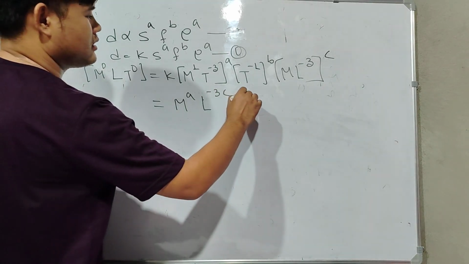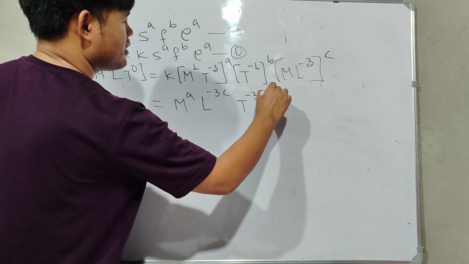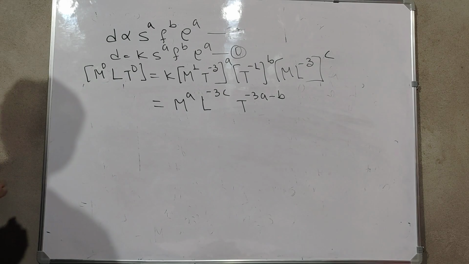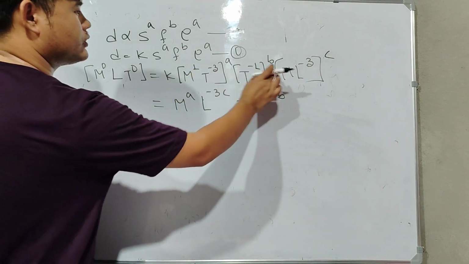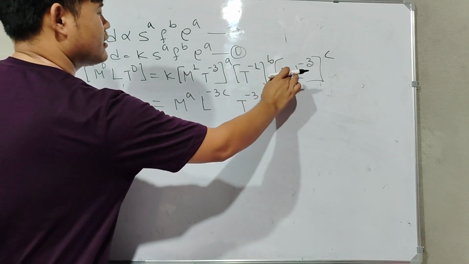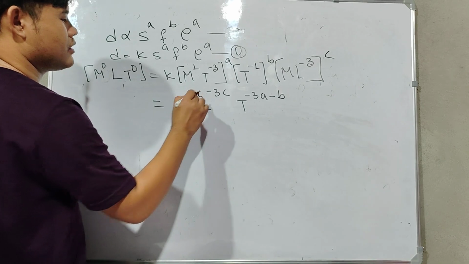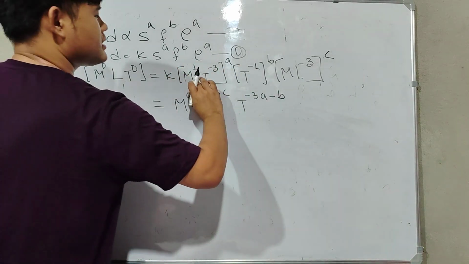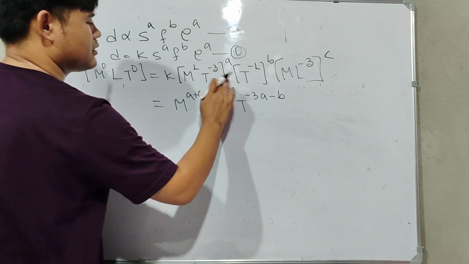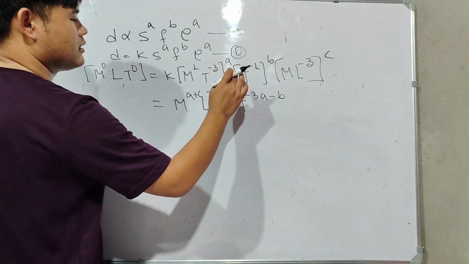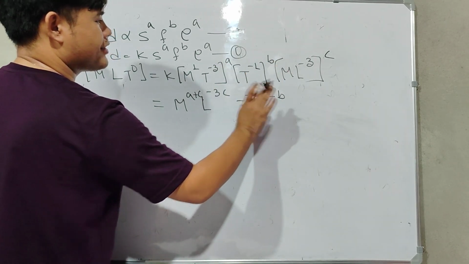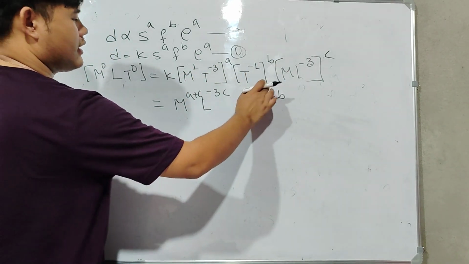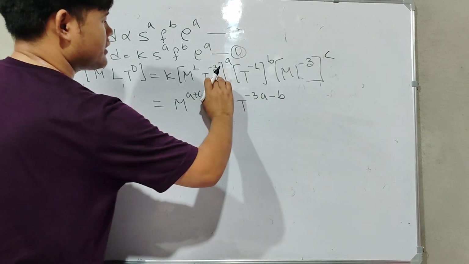T is minus 3A minus B, right? M is equal to A plus C. T is to the power minus 3A minus B. And then L we have only 1 minus 3C.